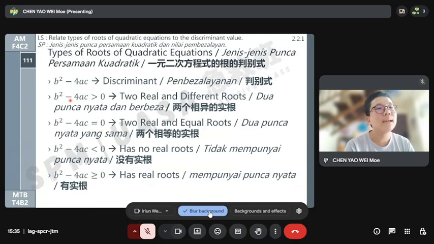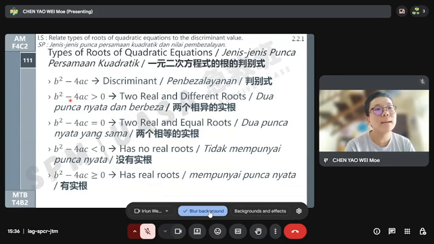If b squared minus 4ac equals 0, it means the equation has two real and equal roots. If b squared minus 4ac is less than 0, it means the equation has no real roots.